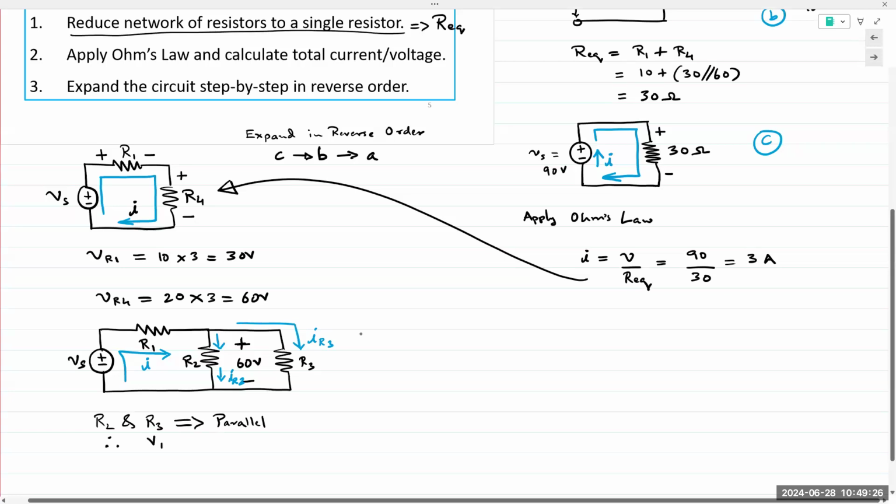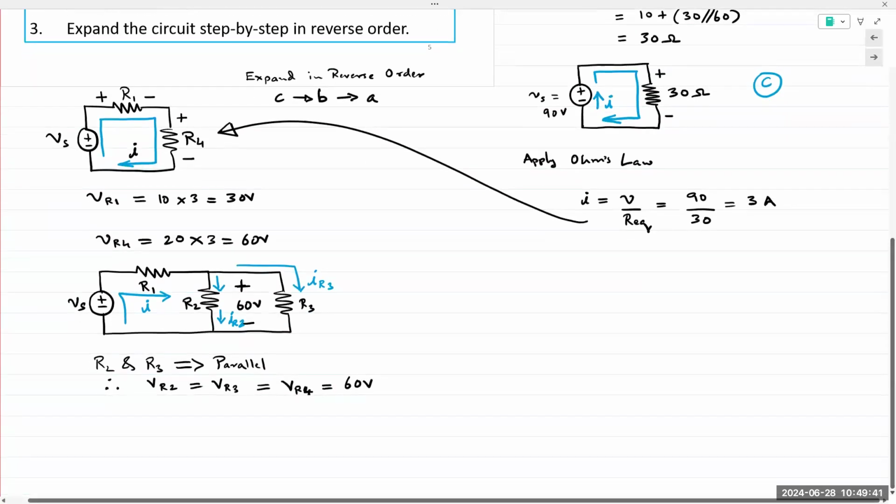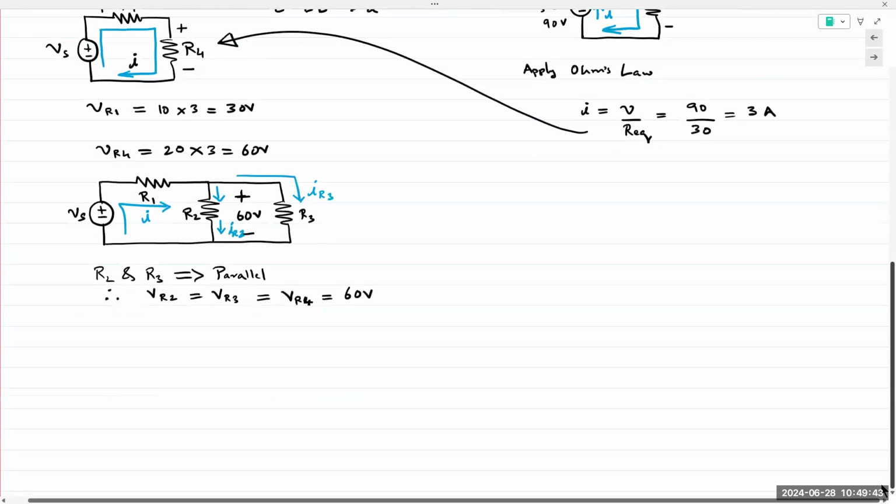Therefore, VR2 is equal to VR3, and both of those are equal to VR4, which is 60 volts. Any questions about anything so far? Does it make sense? The steps and the procedure? Okay.